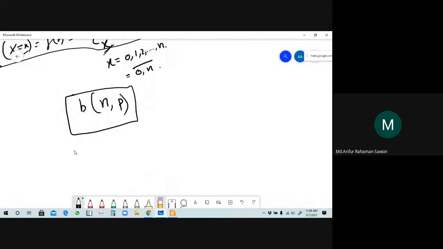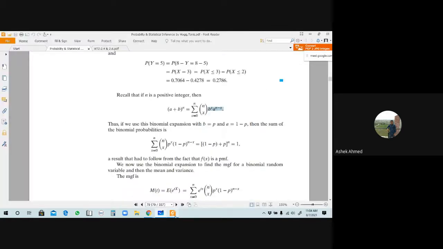Yes, sir. (a plus b) to the power n equals summation of x equals 0 up to n, nCx, then a to the power x into b to the power n minus x.